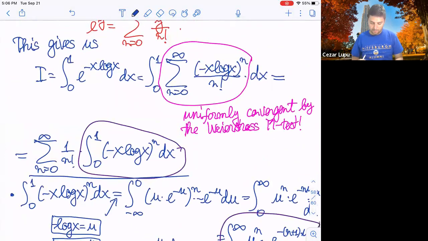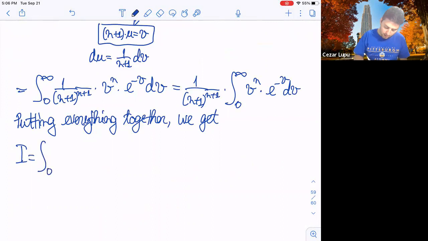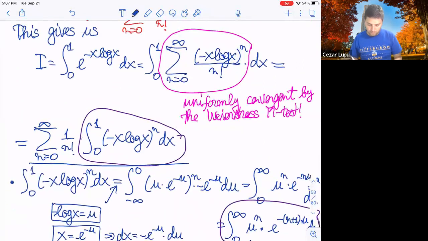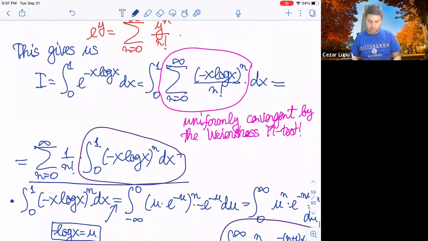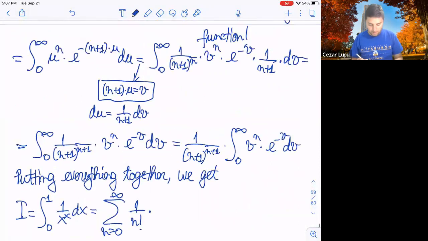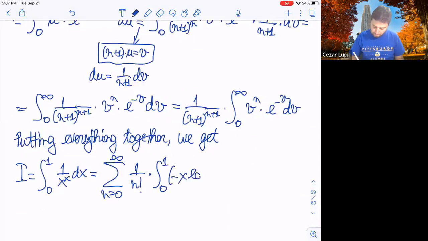We get that our integral I, which was at the beginning 1 over x dx dx, at some point we make it work to look like this one. So it was this series times this integral, right?